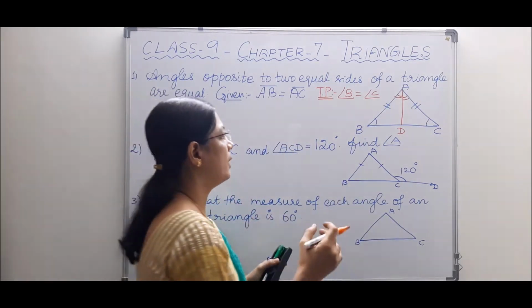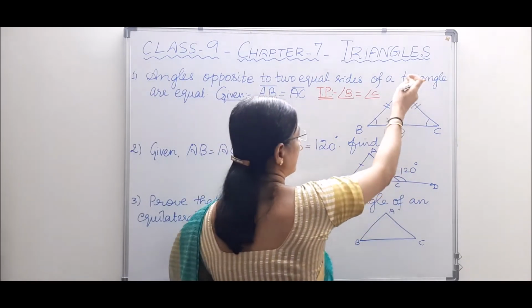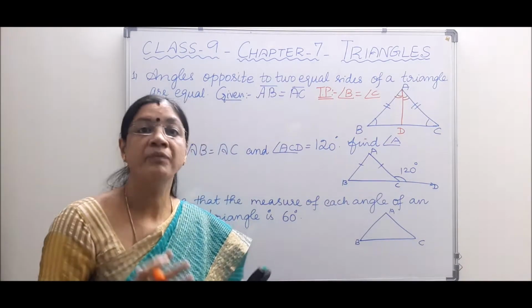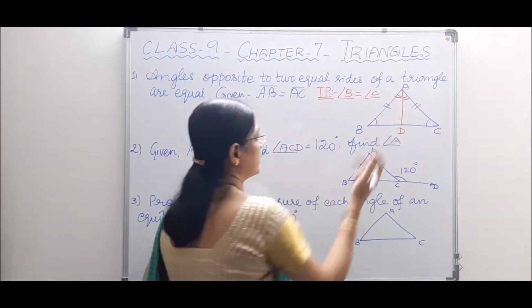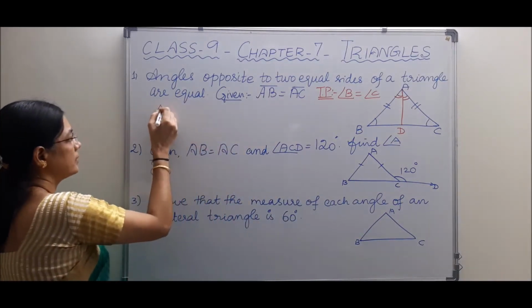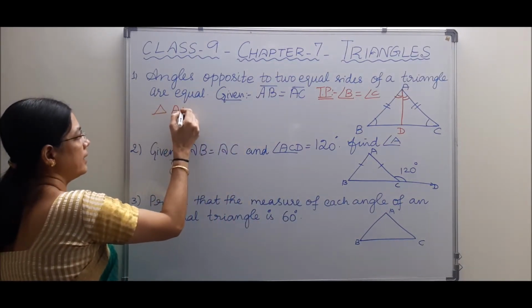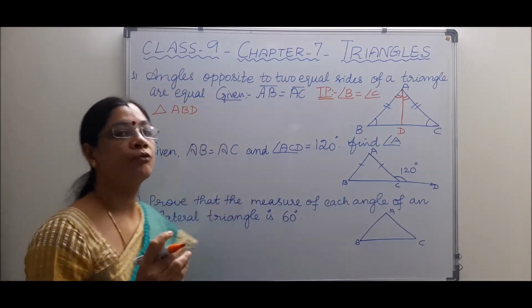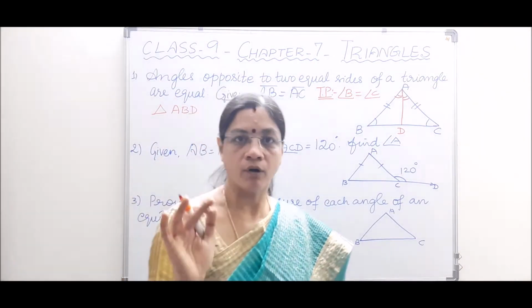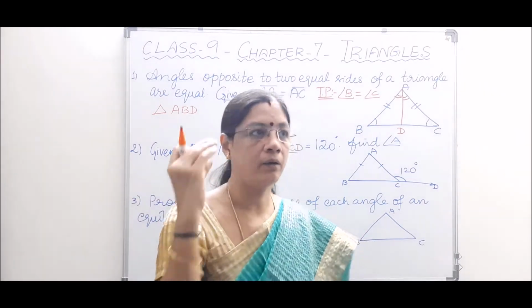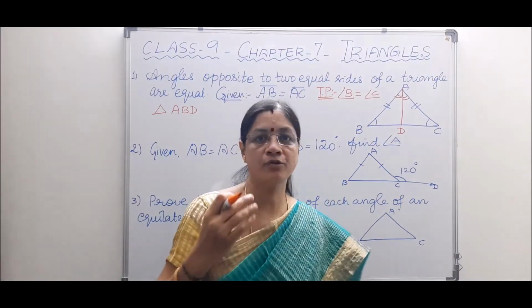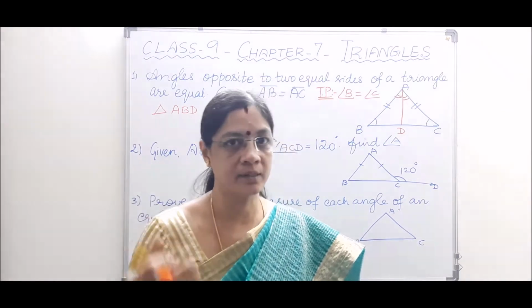Now what do we have? After drawing the angle bisector, I have divided the whole triangle into two triangles. Let me write triangle ABD. Always follow the same order. Whenever you name the triangles, regarding congruency, we are going to see congruency step by step in this chapter.